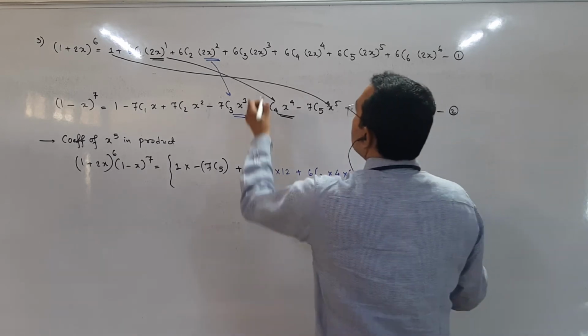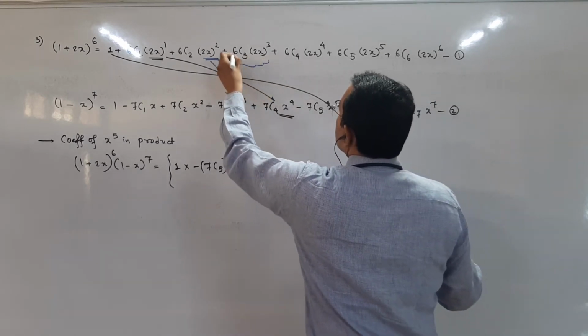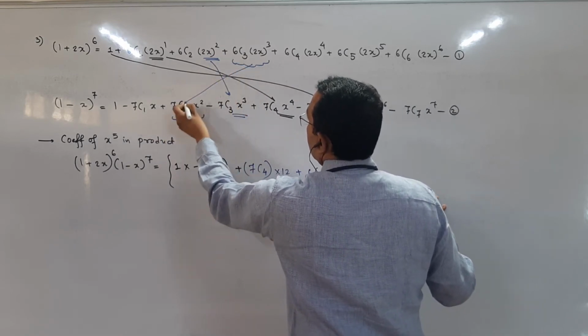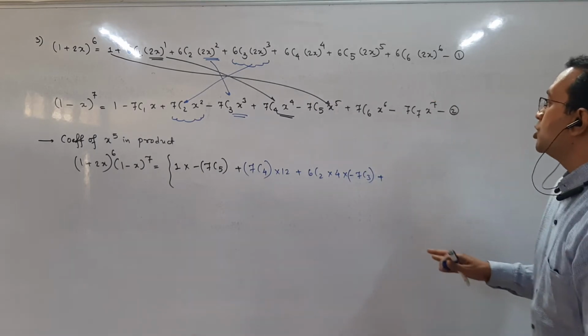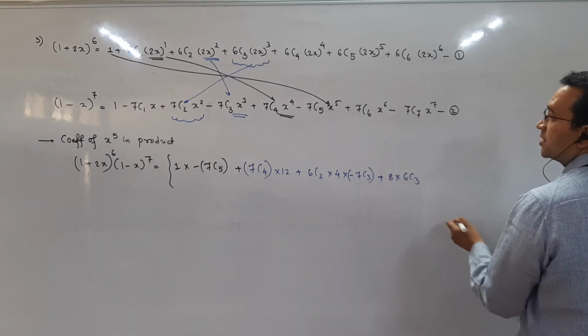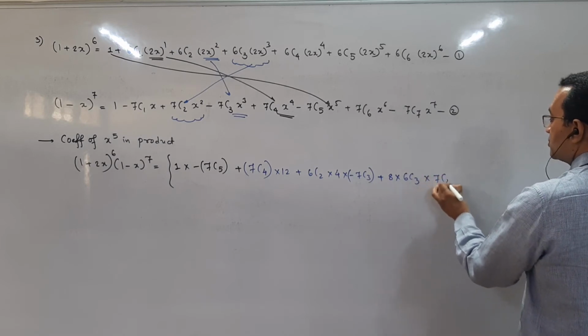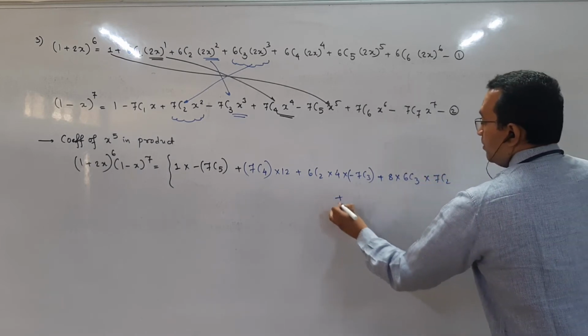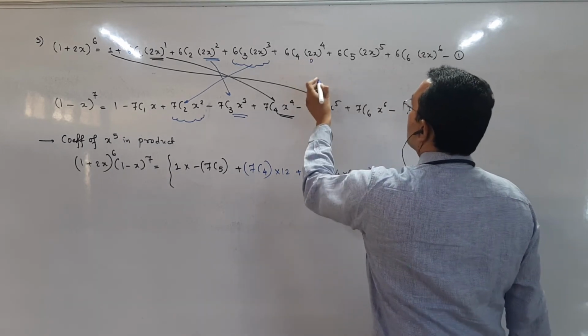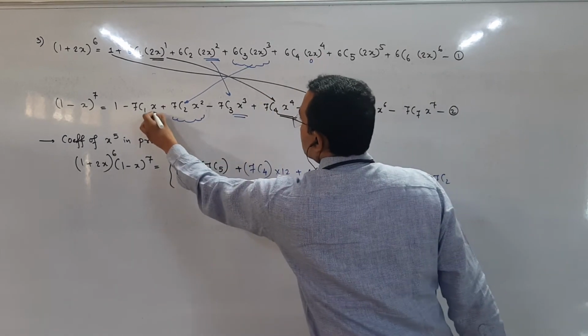Plus, I multiply this cube term and this square term, I will get x raised to 5. 2 cube is 8 into 6c3 into 7c2, plus this 2x to the power 4 and x to the power 1.